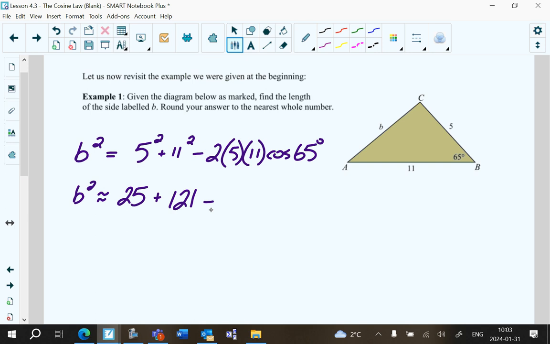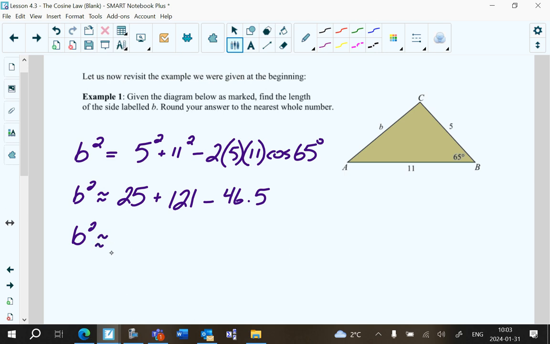Give me the answer rounded to one decimal place. It is going to be a minus, but just do this. 46.5.